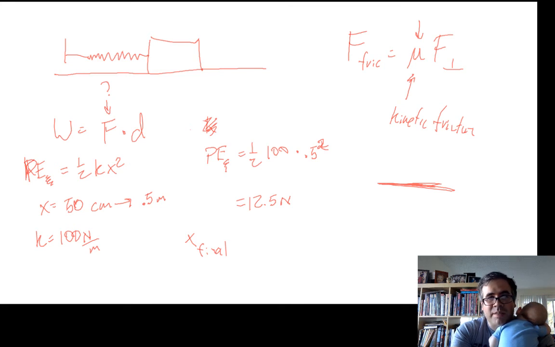I'm guessing it is something where you have a final position and you take the difference between the spring potential of one spot and the spring potential of another spot. Whatever that difference is, that's the work done by friction. That seems most likely.